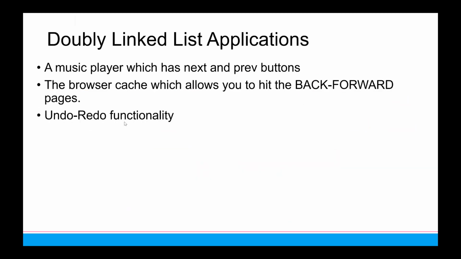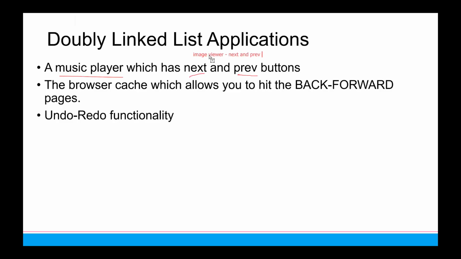So for a doubly linked list application, you can see it is maybe similar to the previous one, but it is more about the connection between next and previous. Even in the image viewer, you can also see the next and previous button. That's also similar.